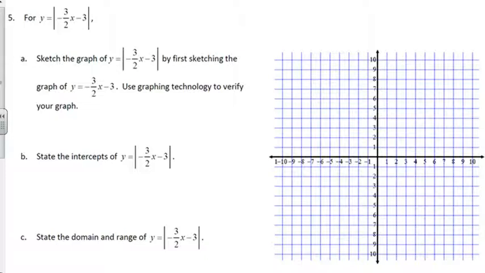For y equals the absolute value of negative 3 halves x minus 3, we're going to sketch the graph by first sketching the graph of y equals negative 3 halves x minus 3. In other words, we're going to strip off the absolute value signs and sketch the original function. And then we're going to use graphing technology to verify that graph. So we should know what this looks like. It's a line.